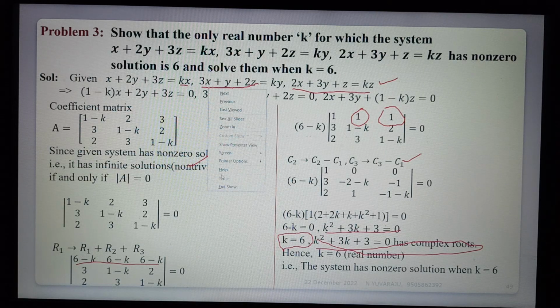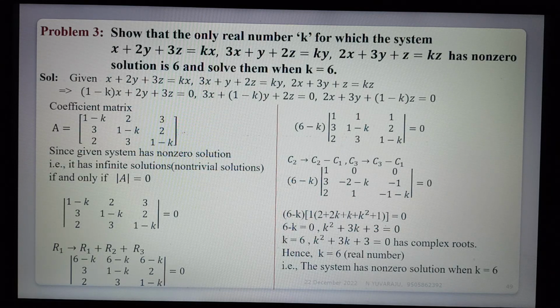Now we have to find the solution by substituting k is equal to 6 in the matrix A. This is an important model question.